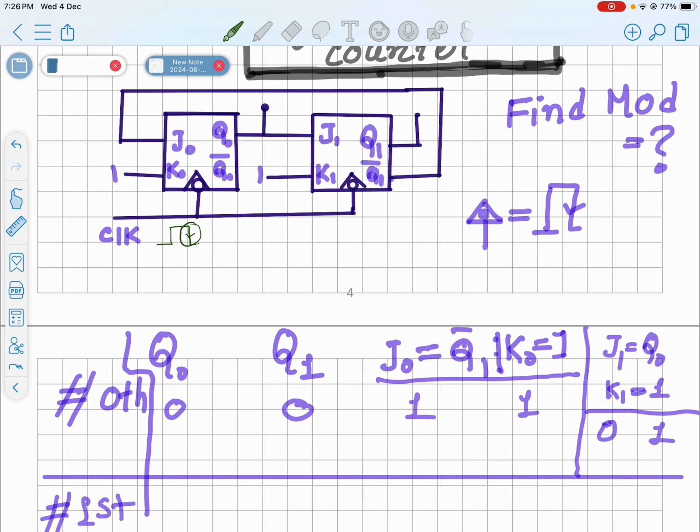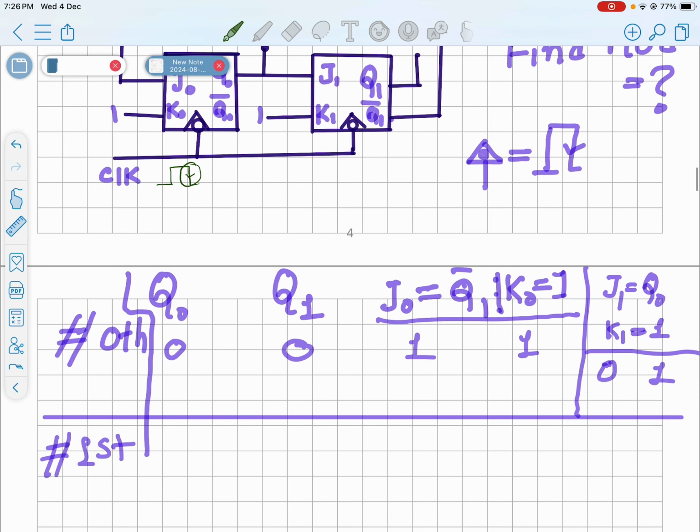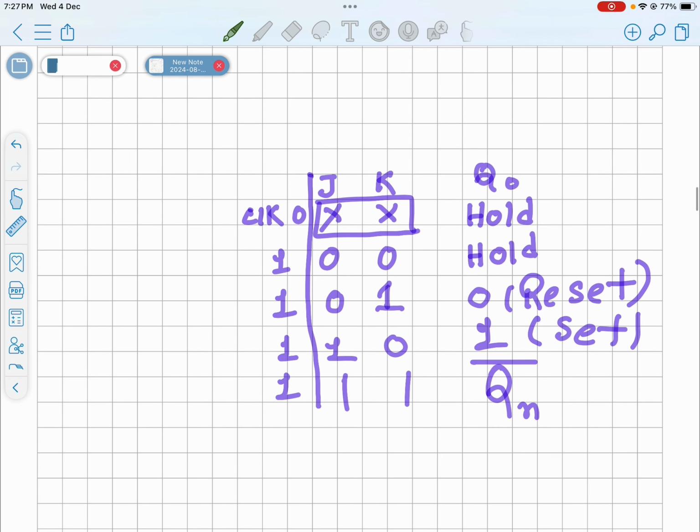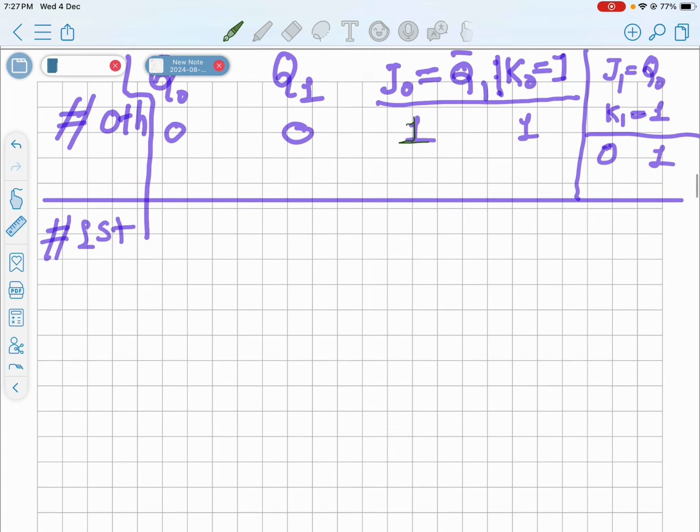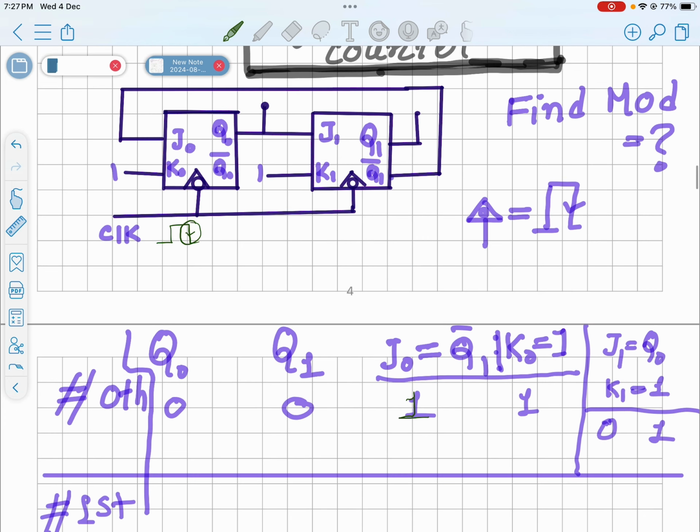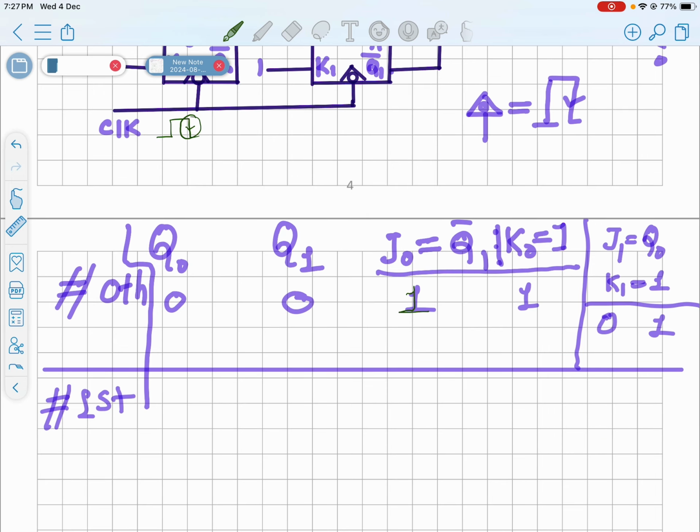When the clock edge comes, the flip-flop will be activated, and in the input, K0 is 1 and J0 is 1. We get 1 1. We have discussed in the JK flip-flop that if we get 1 1, then the output will be complemented. So before, Q0 was 0, now it will be 1.